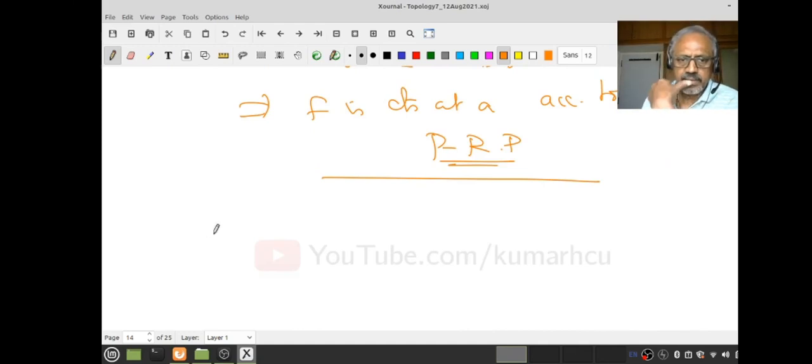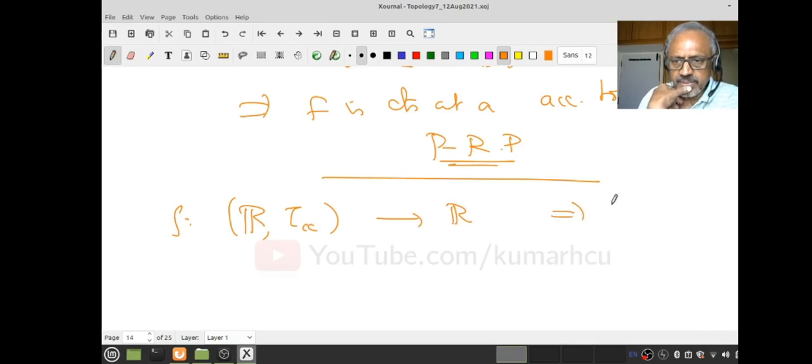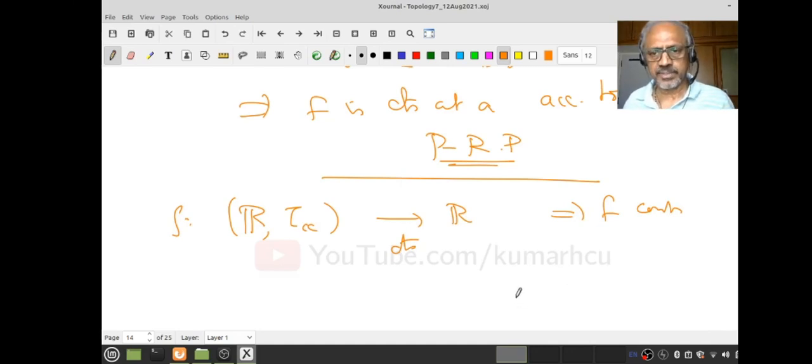Do you remember we said R with the co-countable topology, if I have a real valued continuous function, f is a constant. That is, I said in general topological spaces there may not exist non-constant real valued continuous functions.